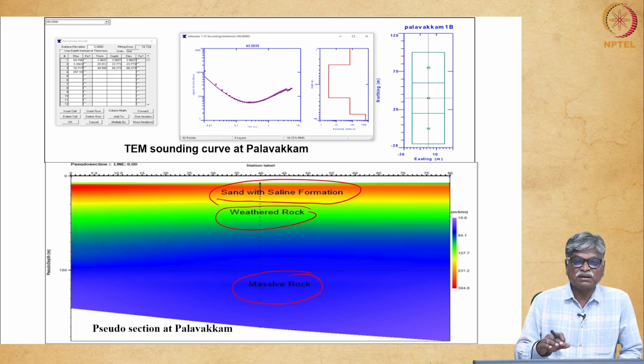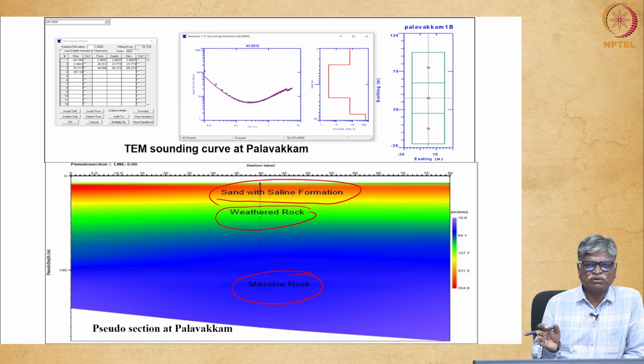After getting this, we process our data to convert it to resistivity, and then one more software is IX1D. We export to IX1D software, and from there we interpret the layers. That software will give the first layer resistivity, second layer resistivity, third layer resistivity.